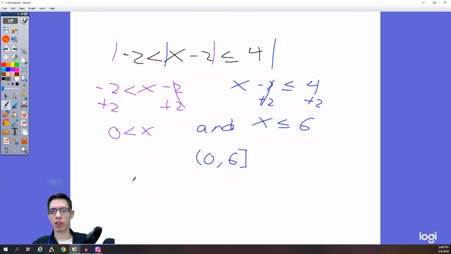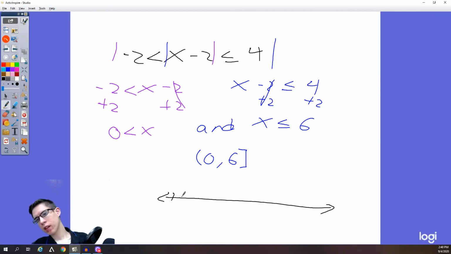Now we'll just sketch the number line real quick. And we'll say that that's 0, 1, 2, 3, 4, 5, 6, 7, 8. Could have done that a little better, but it's fine. And we'll sketch it in red. Okay, once again, 0 is our lower boundary.